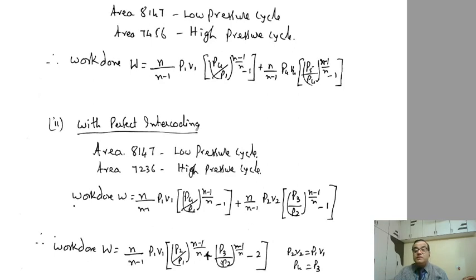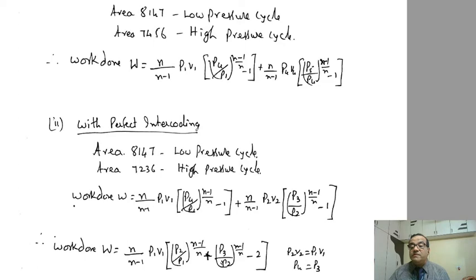Now work done is P1 V1 [(P4 by P1) to the power of (n minus 1) by n minus 1] plus n by n minus 1 P2 V2 [(P3 by P2) to the power of (n minus 1) by n minus 1], because P3 is the delivery pressure for the second cylinder and P2 is the intermediate pressure.